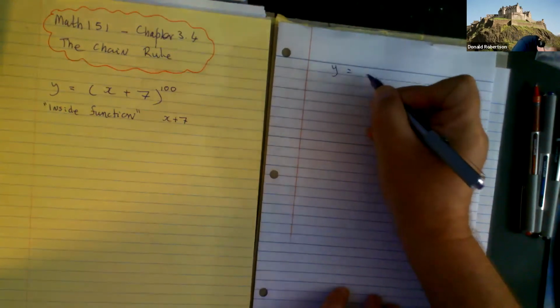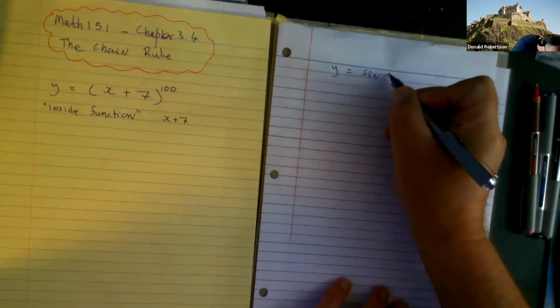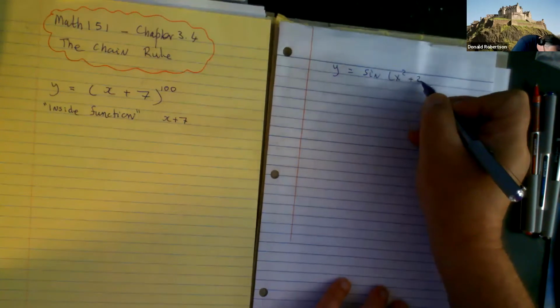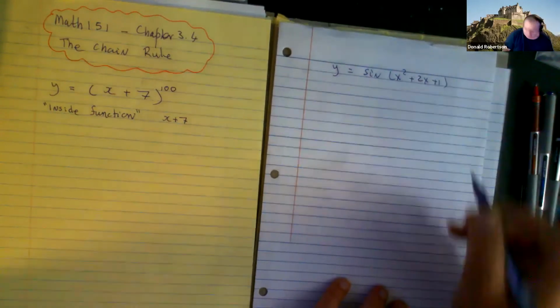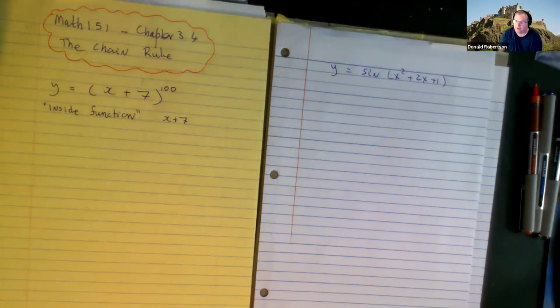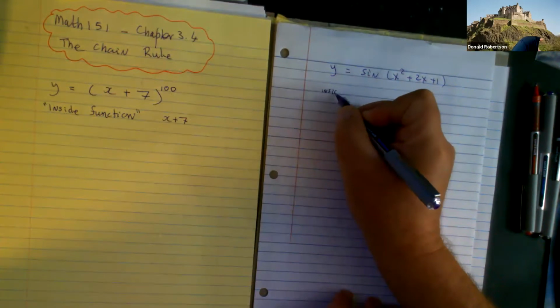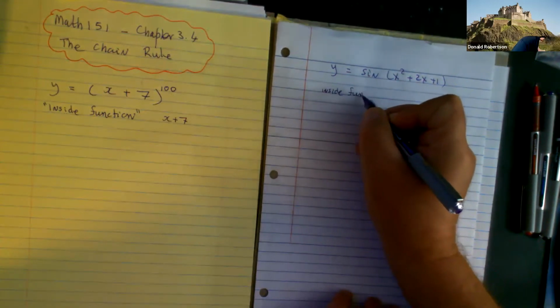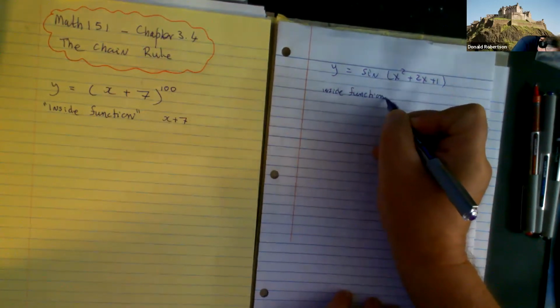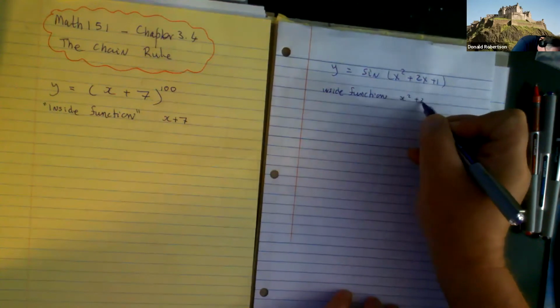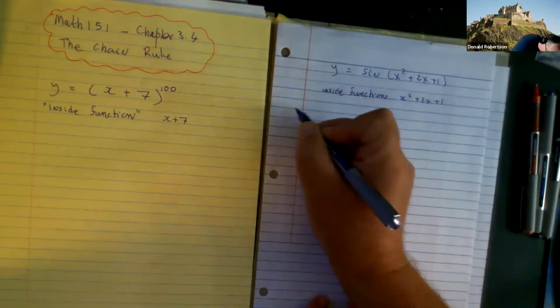So suppose I was going to differentiate the sine of x squared plus 2x plus 1. We don't know how to do that right now, but we will. Chain rule will show us. In this case, the inside function is going to be the x squared plus 2x plus 1.